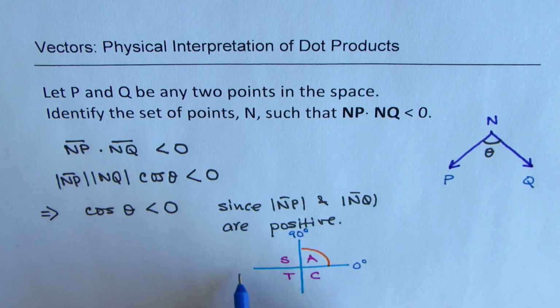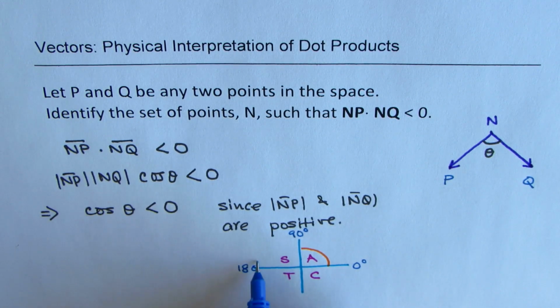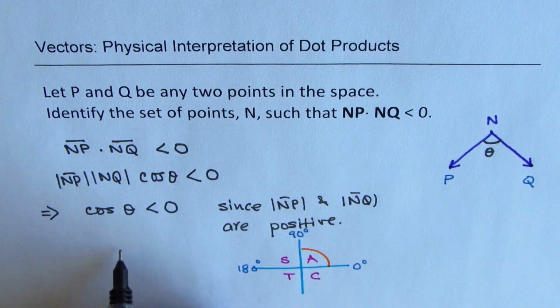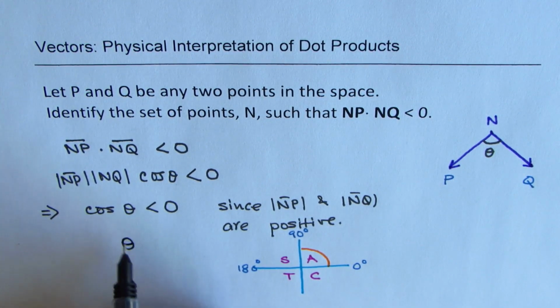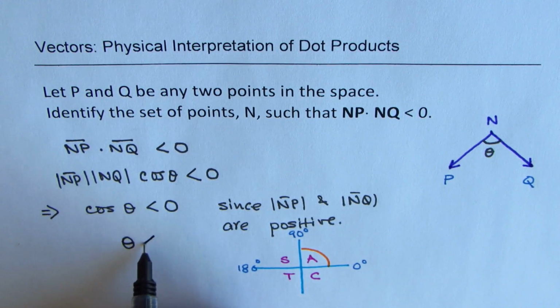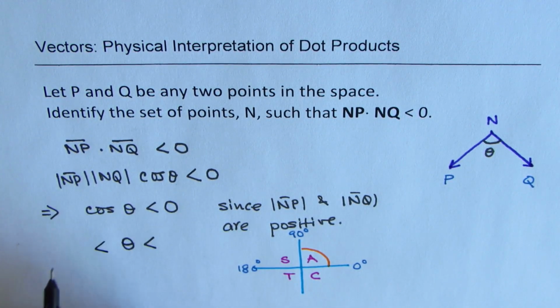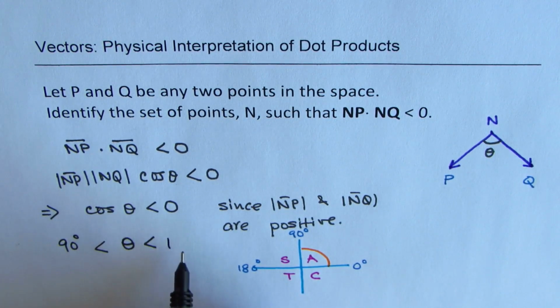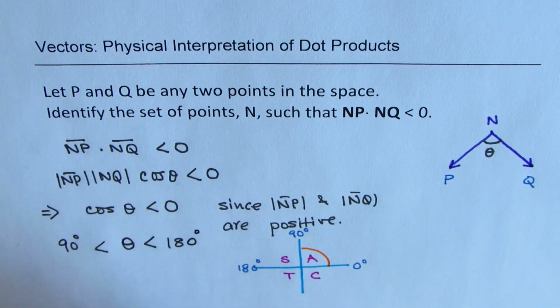But it is negative when we have angle between 90 degrees to 180 degrees, correct? So that means the angle theta should be between 90 degrees to 180 degrees, right?